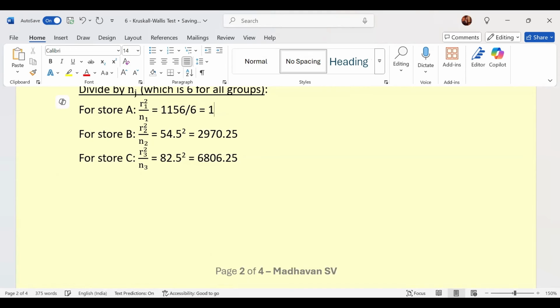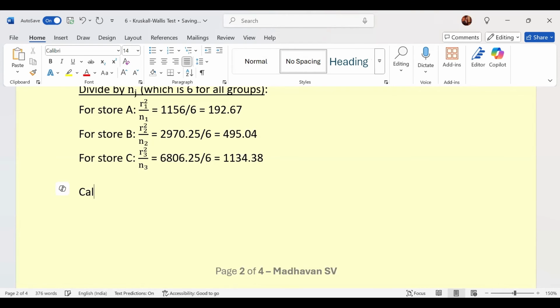That will give you 192.67. This one will be 2970.25 divided by 6, which will give you 495.04. This will give you 1134.38.